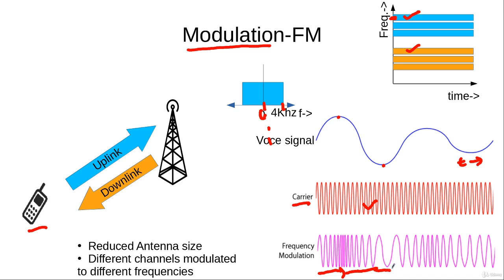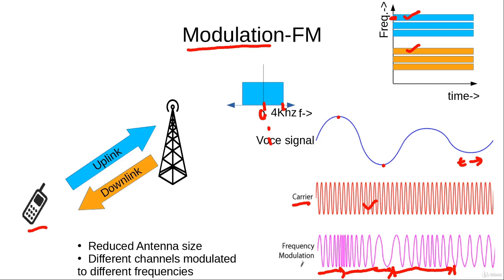Then again the signal starts increasing in amplitude, and again we start increasing the frequency of the carrier. So the information about the change in the amplitude of the voice signal is being carried as the change in the frequency of the carrier.